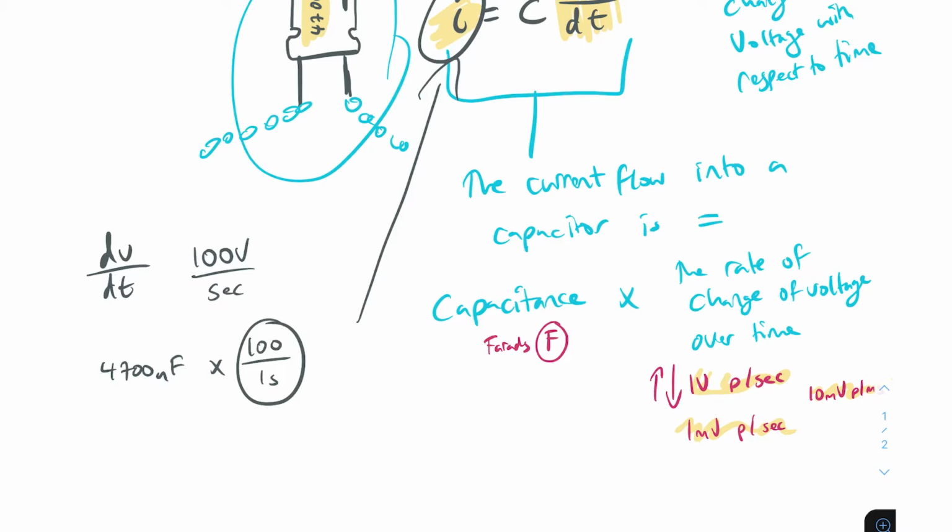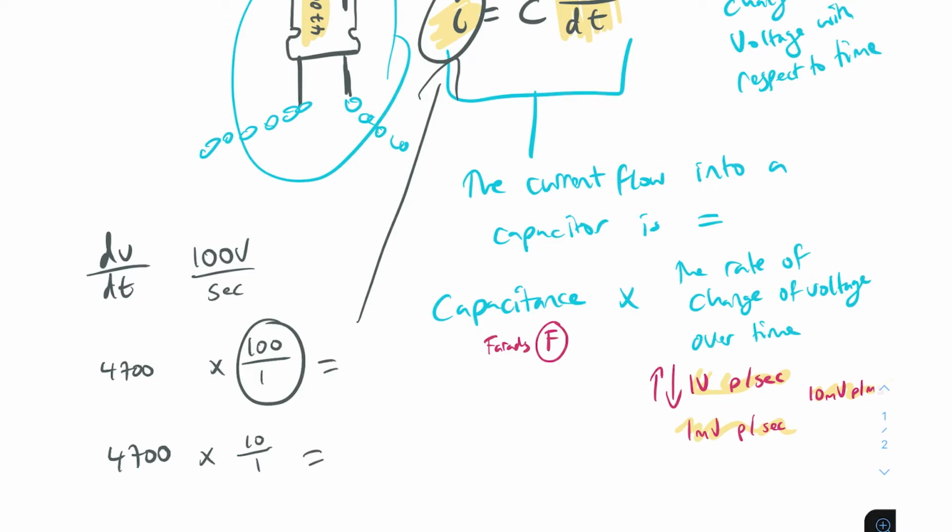What we're also saying is that if this is a small amount, you can just do this equation yourself. Let's say we take 4,700, we'll just remove the microfarads for now, and multiply it by 10 over 1. You've removed the second there. So which number is going to be larger? This is going to be the current.